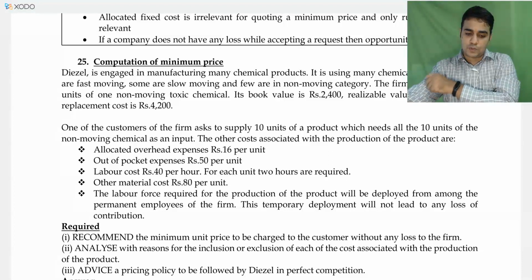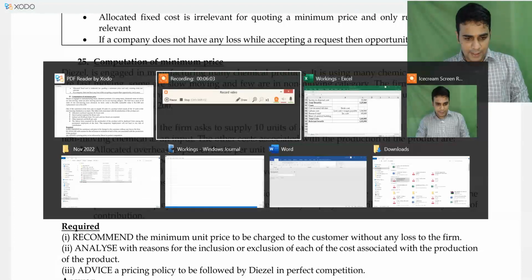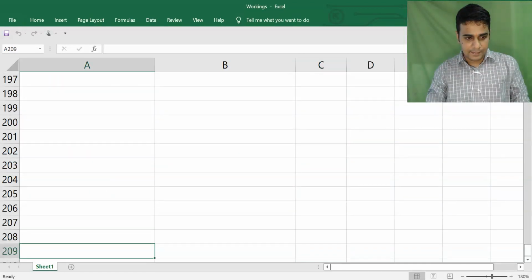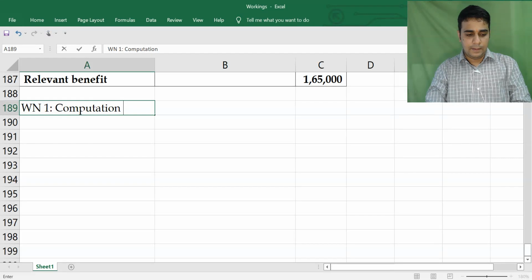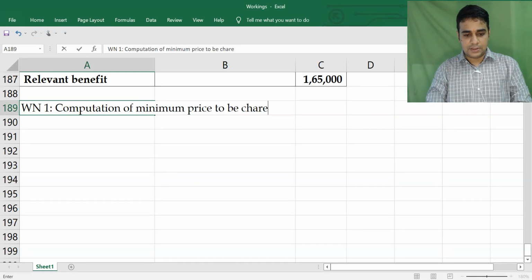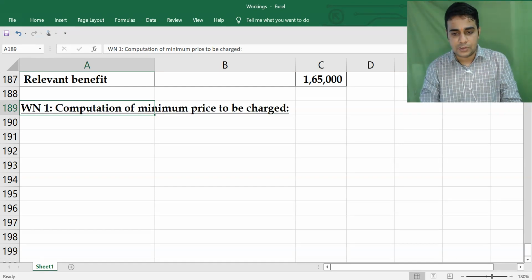Let's start. Working note 1: computation of minimum price to be charged.